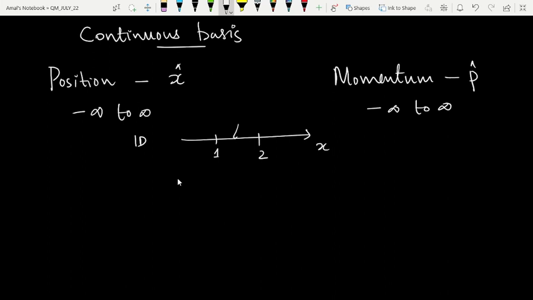Now what we have to do is convert everything that we have learned in discrete basis into the case of continuous basis.